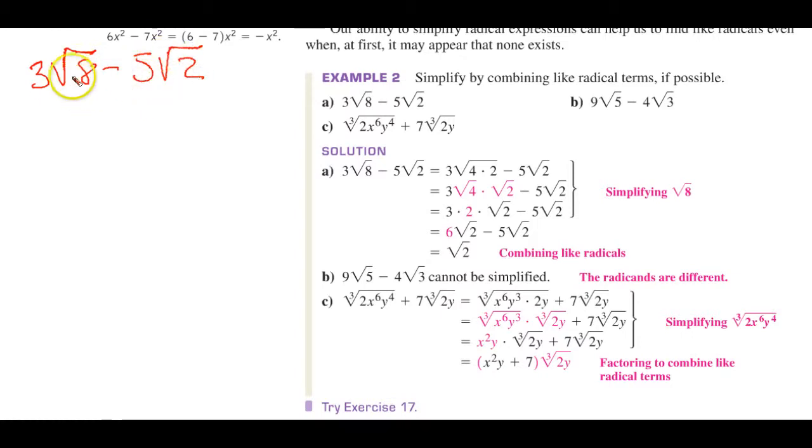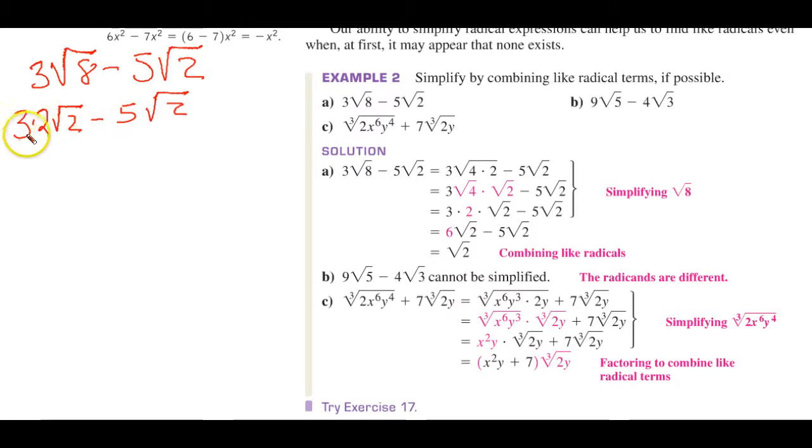And you might say, well, yeah, they're not like radicals, but notice we have said that this is actually the square root of 4 times the square root of 2. So the square root of 4 is 2.